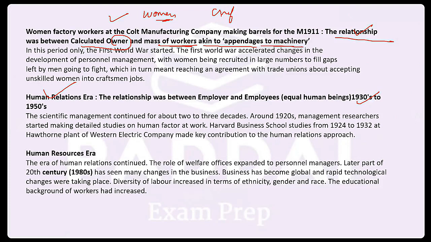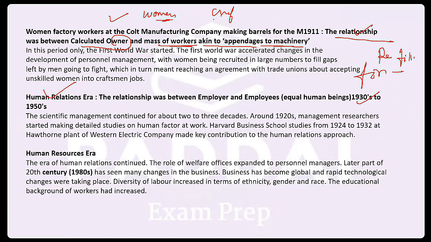This was during the First World War, where women started being recruited. The reason for recruiting women was that since the First World War was going on, the men were involved in the war, so in order to fill the gaps during this fight, they started hiring women.